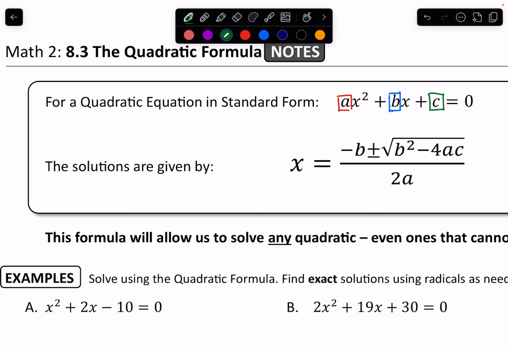Now the formula, if you notice, has those same letters. A is right here. B, there's two of them. One is right here on the inside getting squared. One is right here in front of a negative sign. And then we have a C value at the end. Oh, and I forgot to mark the A value on the bottom.